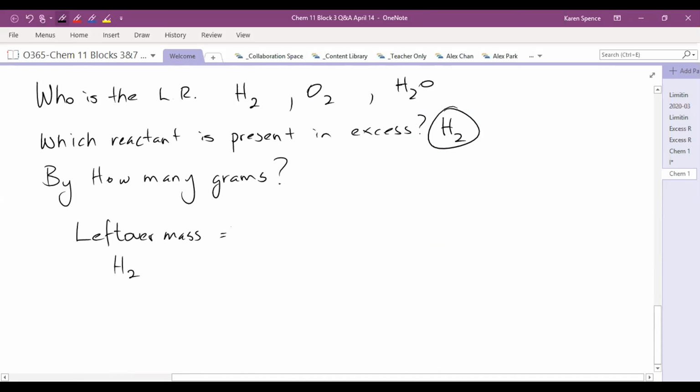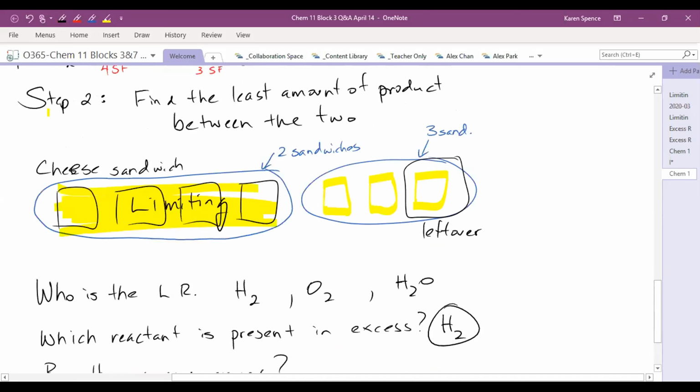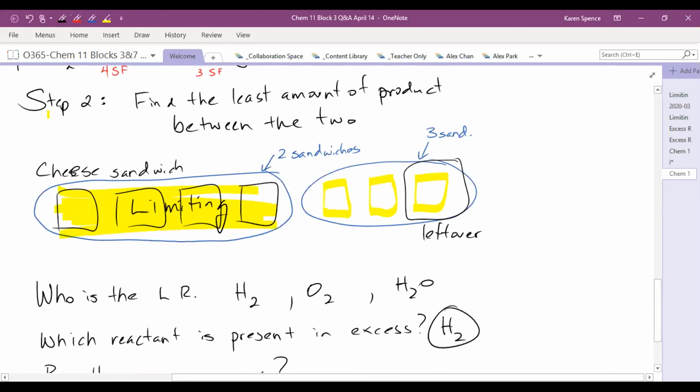Just like in our bread and cheese problem, to find out how much was left over, I would say, well, if I use my limiting reactant, I have one sandwich, two sandwiches. That's going to use two slices of cheese. So what I do is I take my three slices that I started with and I subtract the two slices that I used to make the two sandwiches.